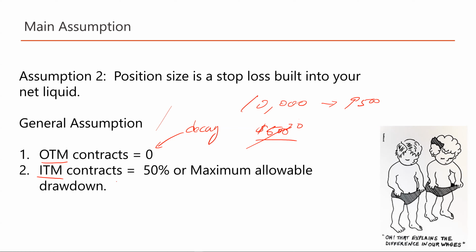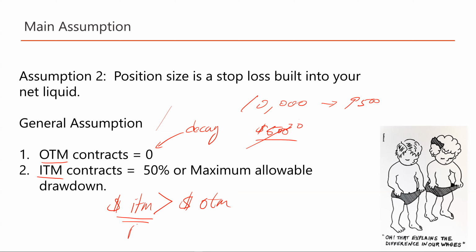And then for in the money contracts, you would have to define a stop loss because obviously when you go in the money, the price of them usually is greater than the cost of the OTM. Okay, so if you do go in the money, you're going to fork up a lot more risk.